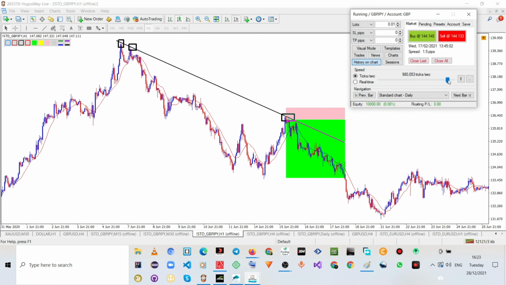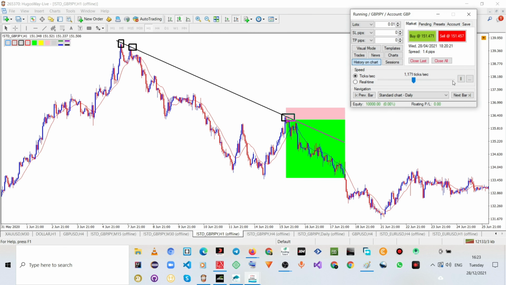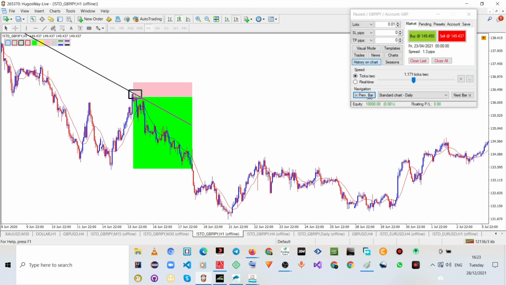Sometimes it moves really fast if you're not controlling it well. Let me close it and open it again. Yes, pause. So I'm going to try to bring the price back so that I show you guys exactly what I'm talking about here.